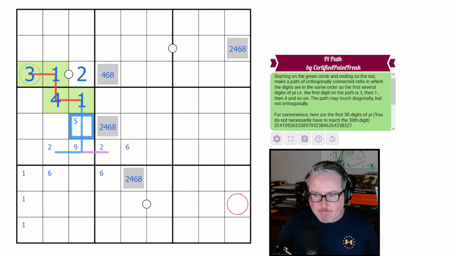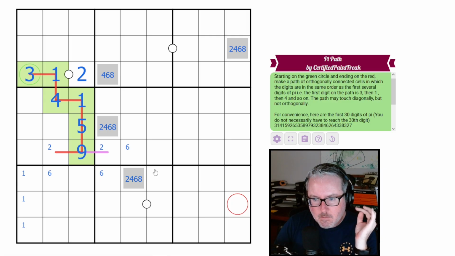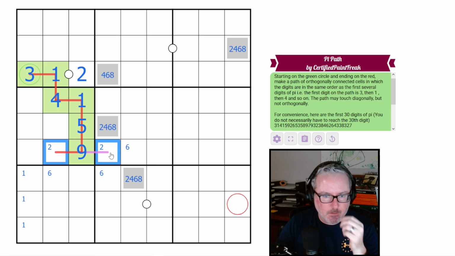So this is 5. This is 9. I guess we can change our color here now to say we have a divergence here that we could possibly do. These are both in 2, we're either going to one of these two places.